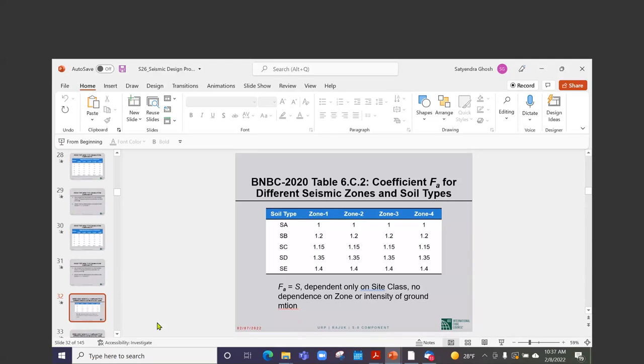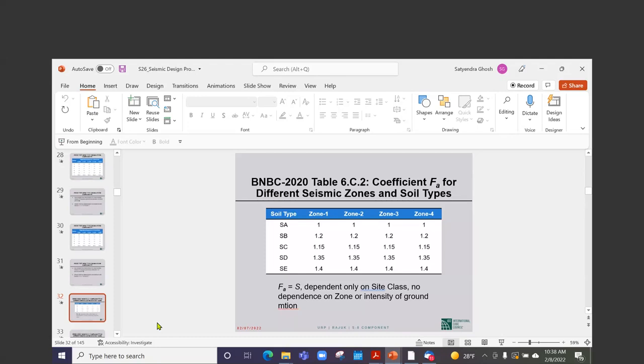Okay, moving on. So how do we design a structure in between the resonance range? What does that mean? What is a resonance range?